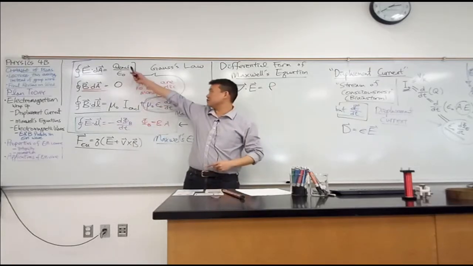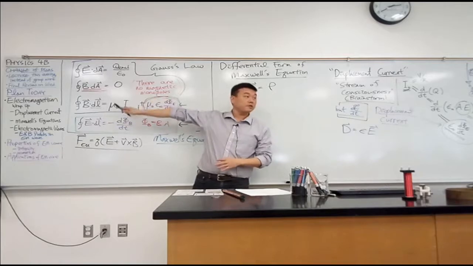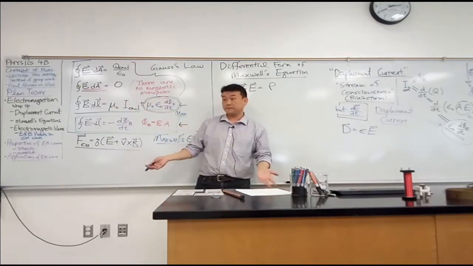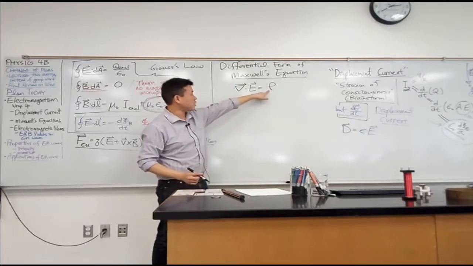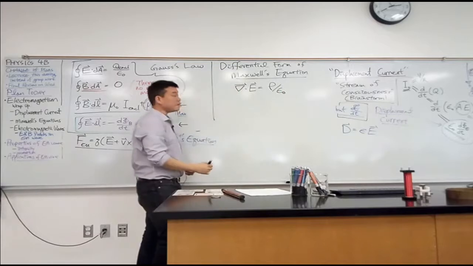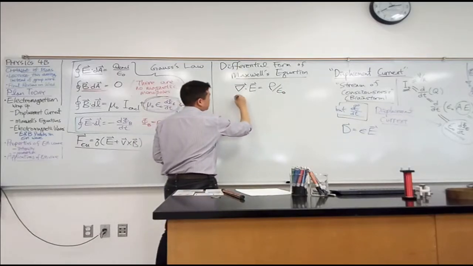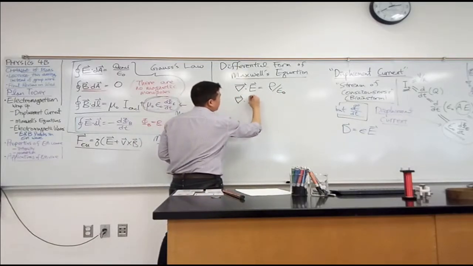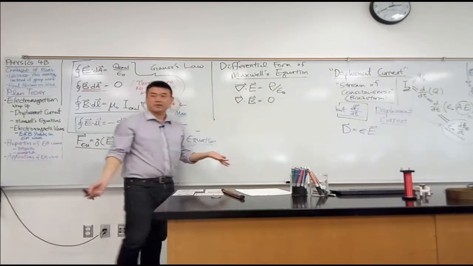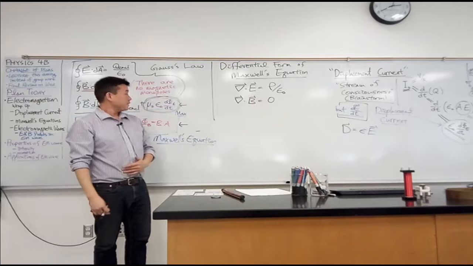You get this enclosed charge, enclosed current, all this stuff when you integrate over some volume or integrate over some area. So it's going to be charge density divided by epsilon naught. And divergence of magnetic field corresponding to this is 0 because there's no magnetic charge.